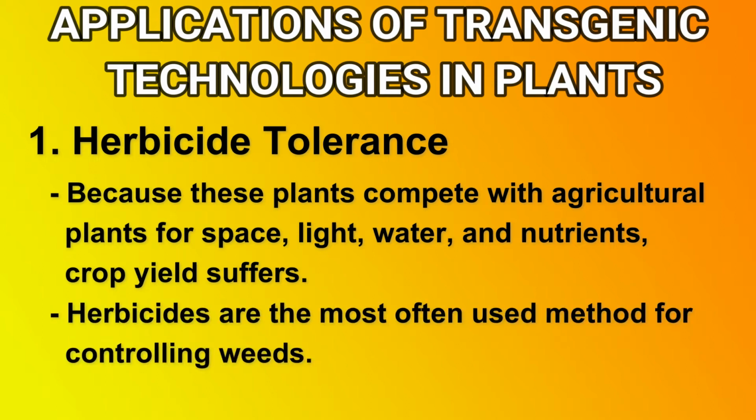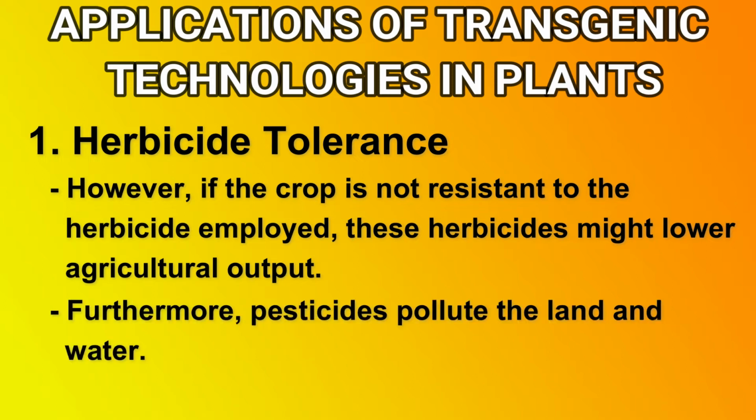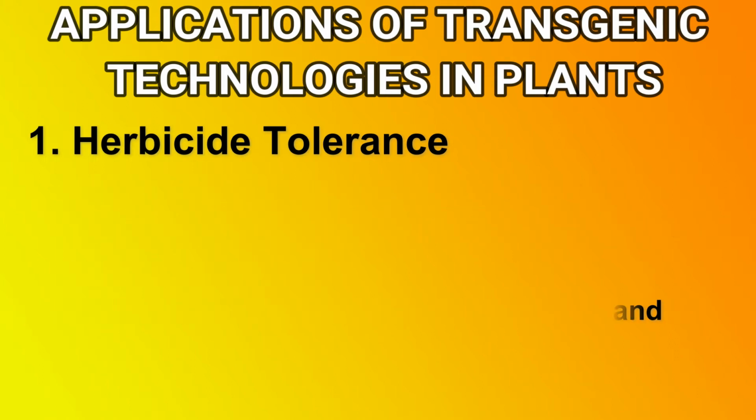Herbicides are the most often used method for controlling these weeds. However, if the crop is not resistant to the herbicide employed, these herbicides might lower agricultural output. Furthermore, pesticides pollute the land and water.